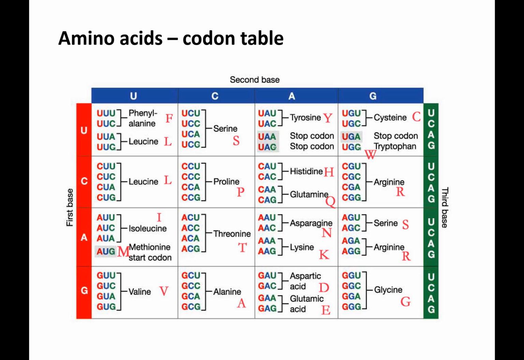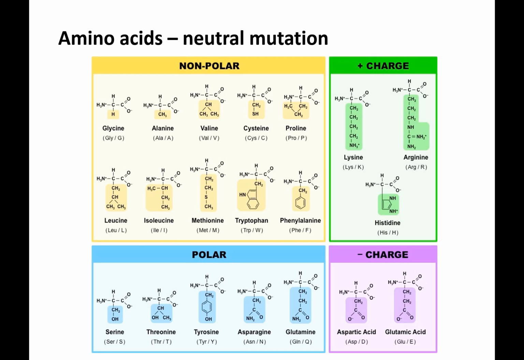Okay. So again, you will use your amino acid codon table to figure this all out. There's also something called a neutral mutation. So this is when you have a missense mutation, but the amino acids have similar properties.